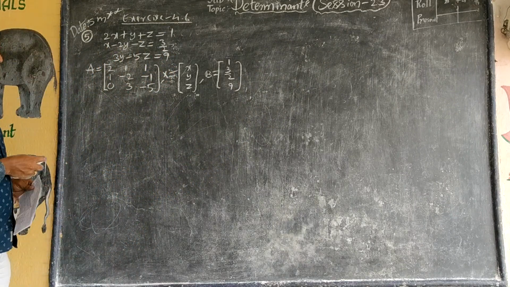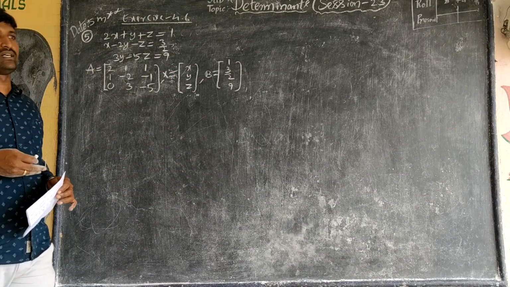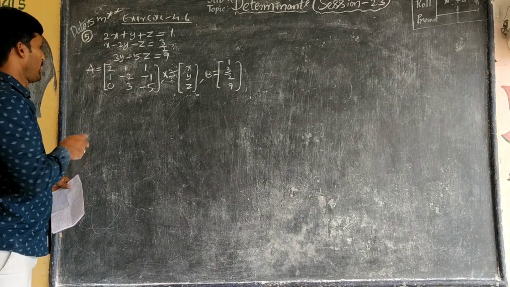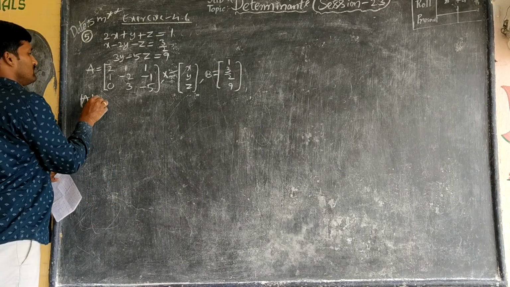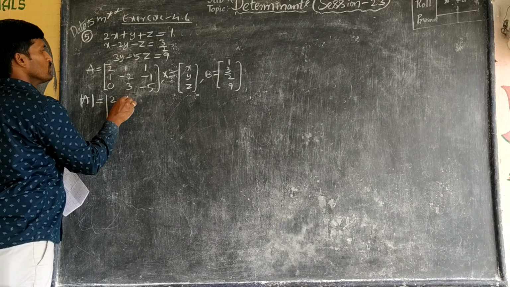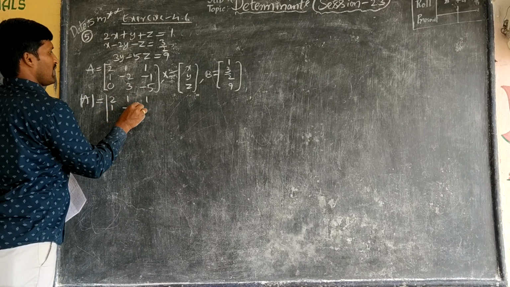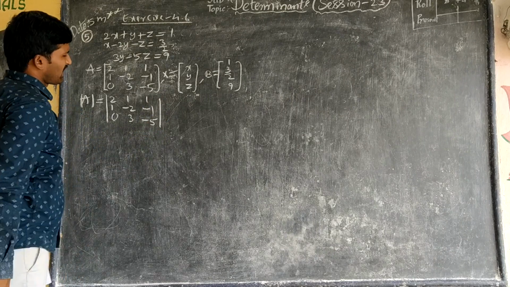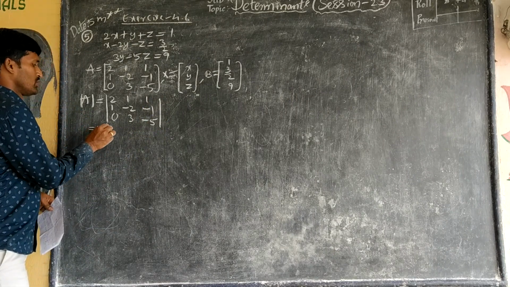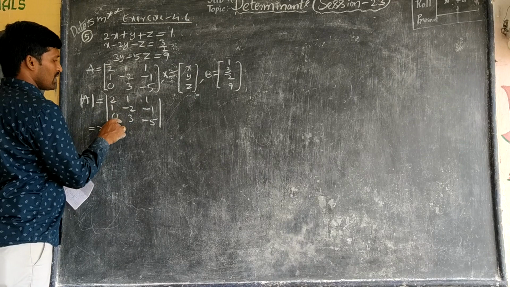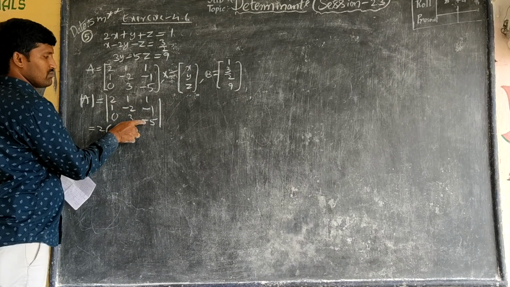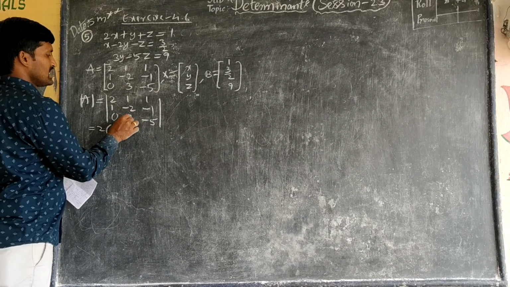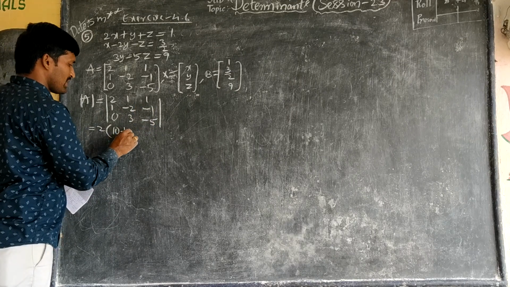Now to use the matrix method, first we need to check whether det A is 0 or not equal to 0. Now that A value: 2, 1, 1, 1, minus 2, minus 1, 0, 3, minus 5. Expand, no problem. 2 into, deleting its row and column, minus 2 into minus 5 is 10, minus 3 into minus 1, minus minus plus 3.